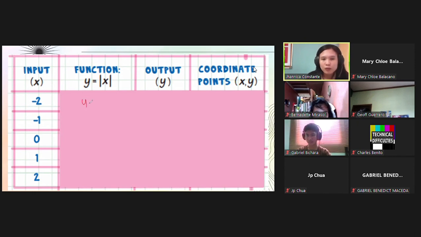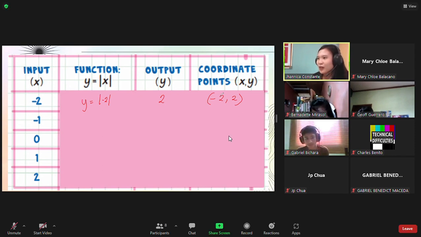So you have y equals the absolute value of negative 2. So y is equal to positive 2. So our coordinate is negative 2 and positive 2. That's how we solve for the input and the coordinates of our nonlinear function. Okay na tayo with the nonlinear function, quadratic function, and the absolute value function?